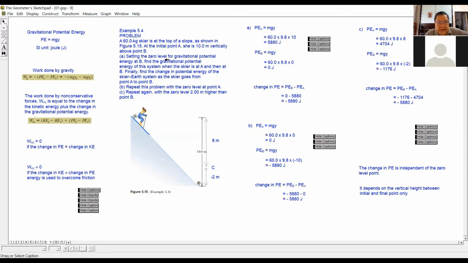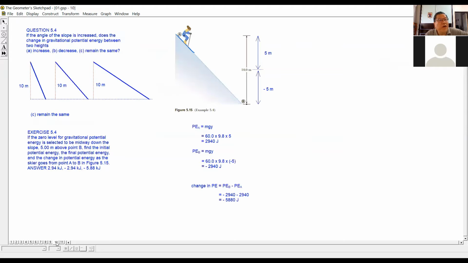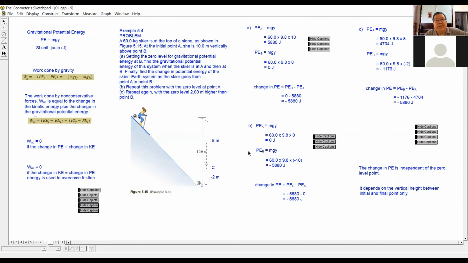Now, these few examples that I have left here: example 5.4 and exercise 5.4 are actually telling you that the change in potential energy is always the same.